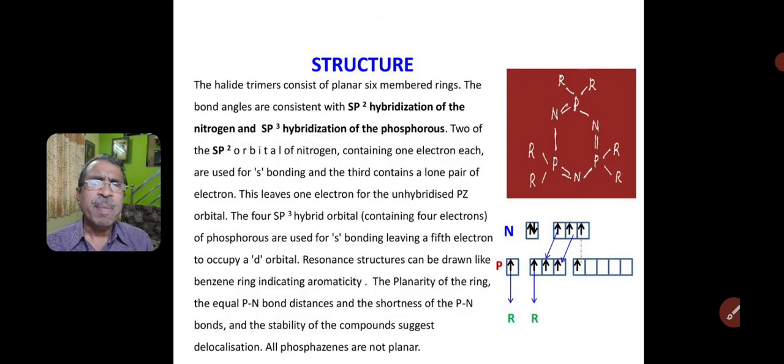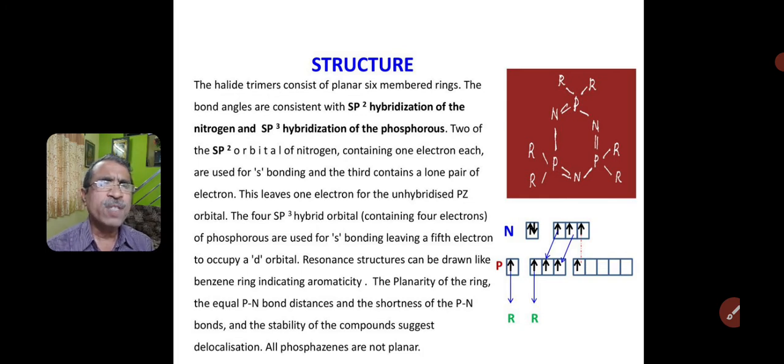Yes. Coming to the structure of phosphazenes. Now in this, phosphazenes basically contain phosphorus and nitrogen. If you see the electronic configuration of nitrogen, it is 2s2, 2p3, where 3 unpaired electrons are there in px, py and pz orbitals.